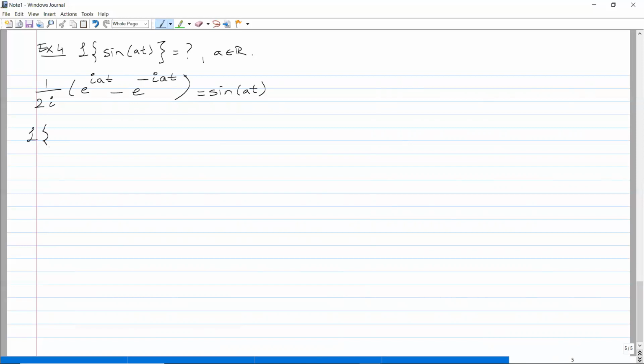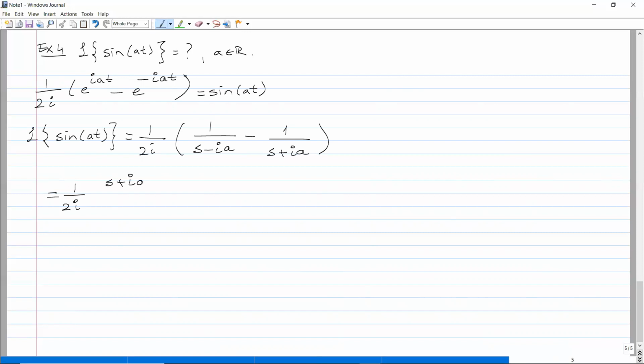So the Laplace transform of sine at then is 1 over 2i times the Laplace transform of e to the iat, 1 over s minus ia, minus 1 over s plus ia. If you get the common denominator, this is 1 over 2i times s plus ia minus s minus ia, divided by s minus ia times s plus ia.